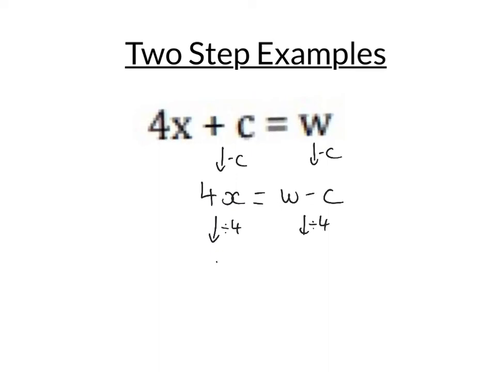So that will leave me with x is equal to w take away c all divided by 4. So remember that you write that this is all divided by 4 when you write your final answer, otherwise you get it incorrect. But we're following the same process as the one step in terms of our algebraic manipulation, solving for x. There is, as the name suggests, just an extra step involved.